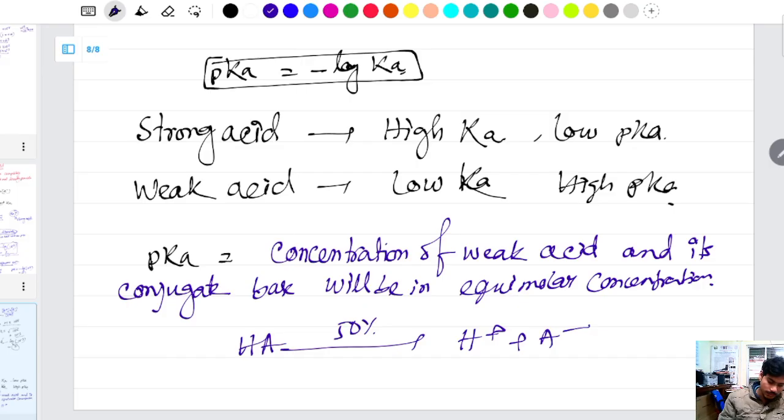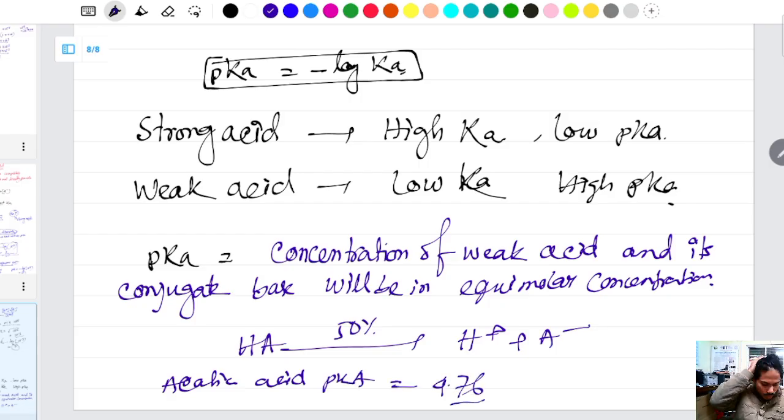Now the acetic acid pK value will be 4.76. So if pH equals pK, then it means acid equals base.